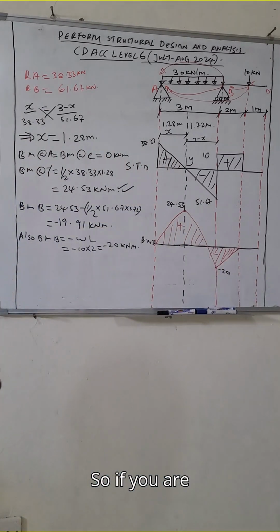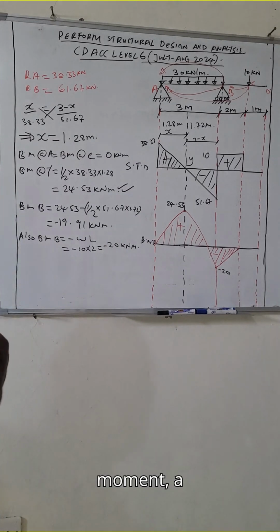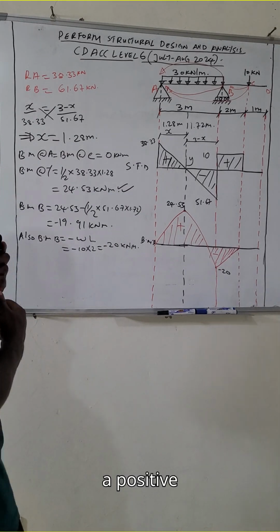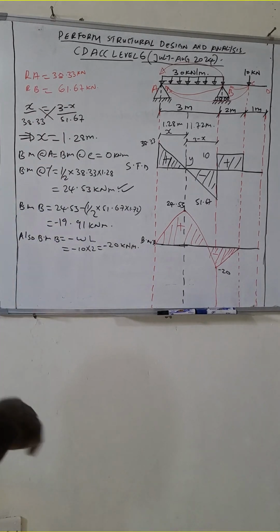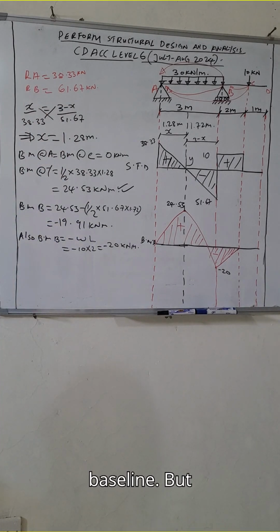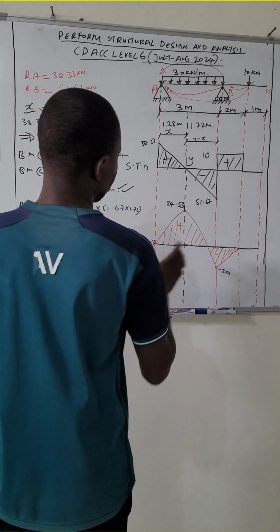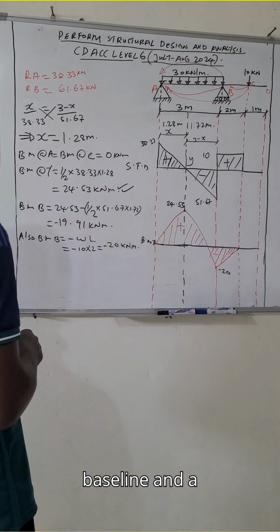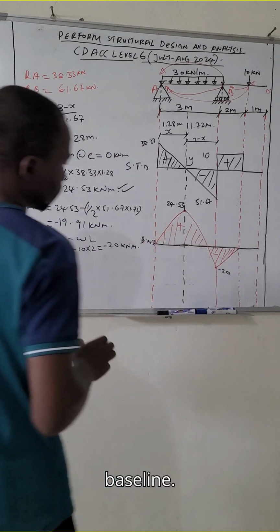If you are using Strength of Materials by Komi, you realize that Komi draws a positive bending moment diagram above the baseline and a negative below the baseline. But in other books, they draw a positive bending moment below the baseline and a negative bending moment above the baseline.